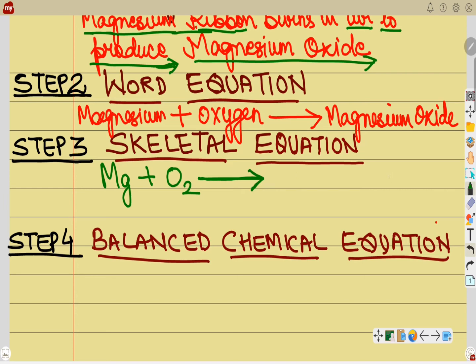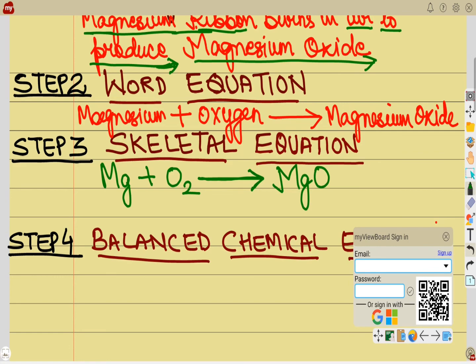In class 9 you have studied how to make the chemical formula. Magnesium has valency 2, oxygen also has valency 2, the 2 and 2 get cancelled, and the formula of magnesium oxide becomes MgO. So we have simply written the symbols and formulae of the chemical substances, and it has become the skeletal equation.